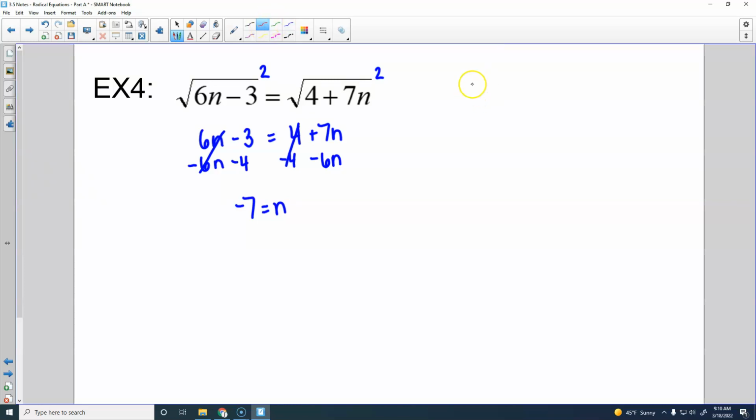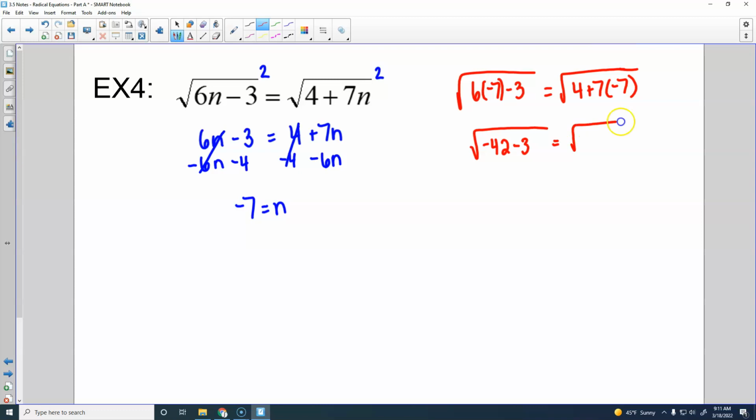So you've got 6 times negative 7 minus 3 equals 4 plus 7 times negative 7. And so we've got negative 42 minus 3 equals 4 minus 49. So we get the square root of negative 45 equals the square root of negative 45.